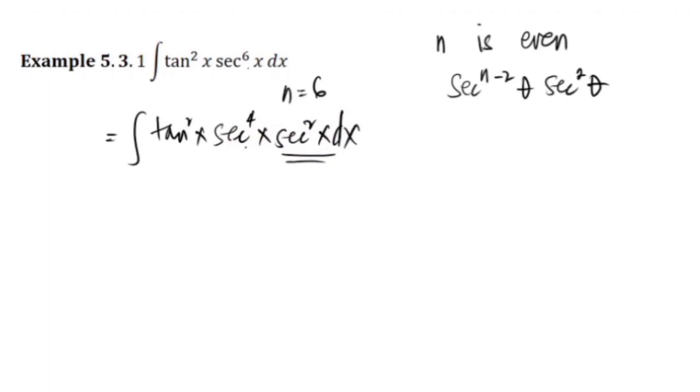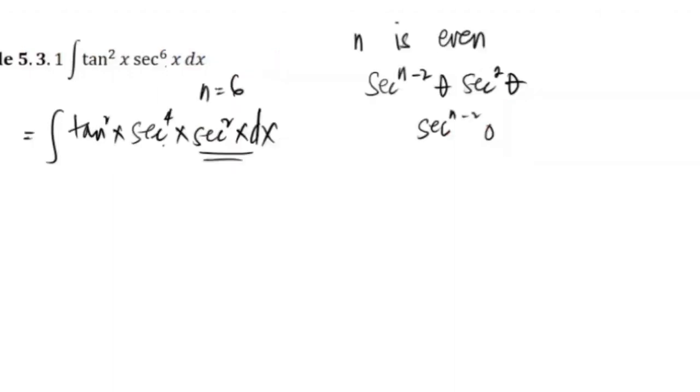So sinasabi kasi doon sa another step, ang gagawin natin is to express this secant n minus 2 of theta to tangent squared of theta plus 1 raised to n minus 2.